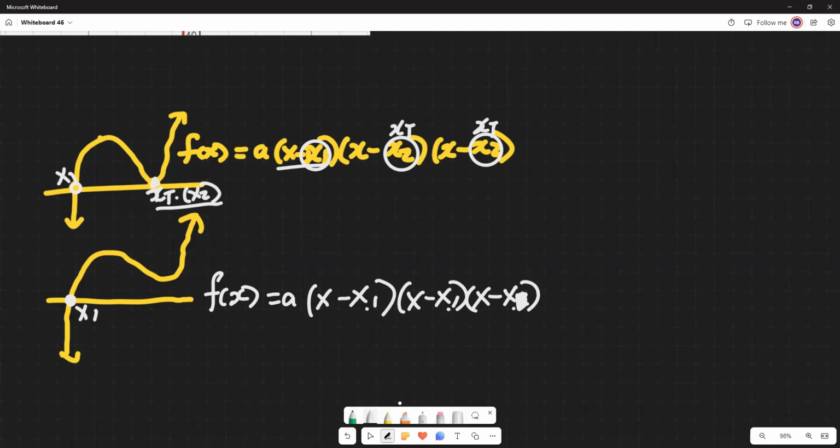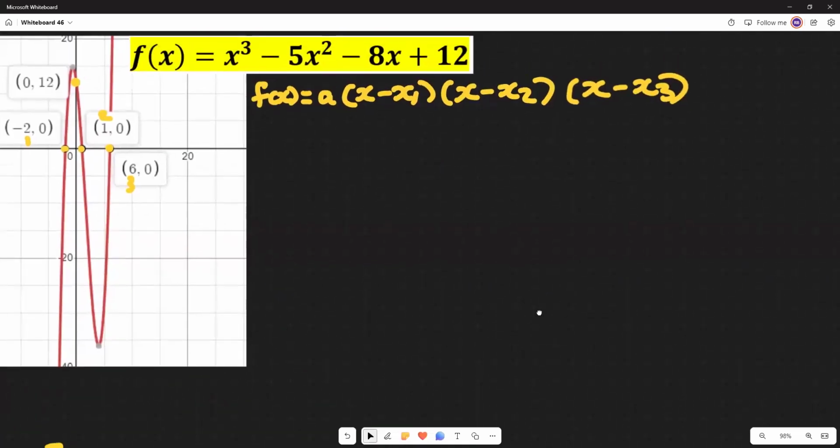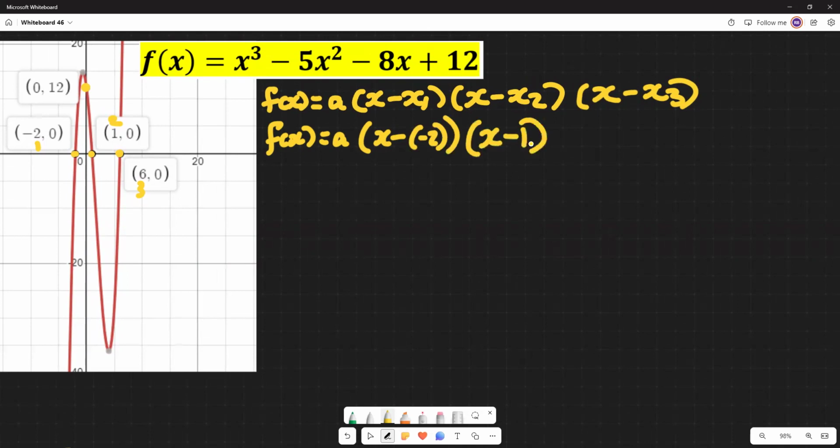Perfect. So let's go back to our question, ladies and gentlemen. Now we're going to substitute. f of x equals a times x minus -2, and then x minus 1 there, and then x minus 6 there.